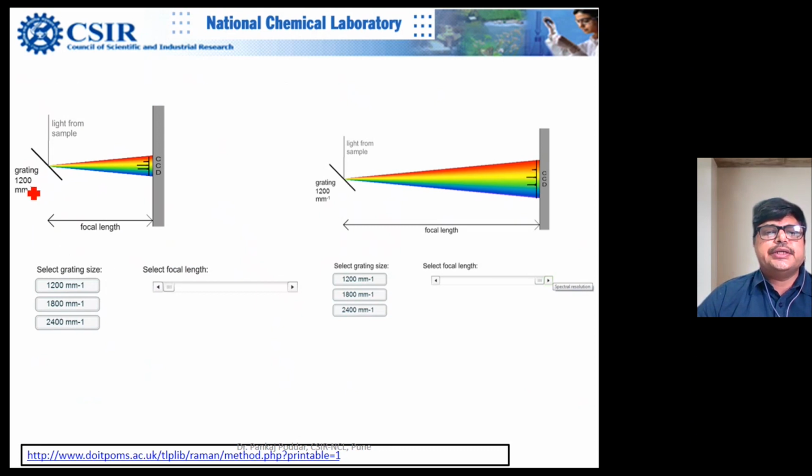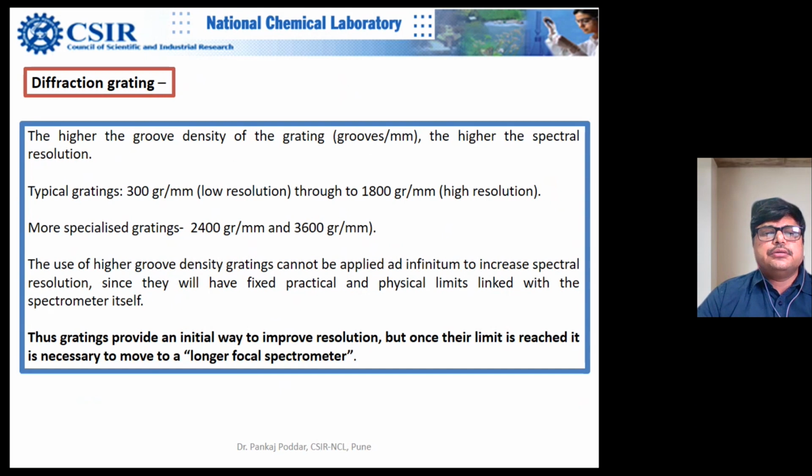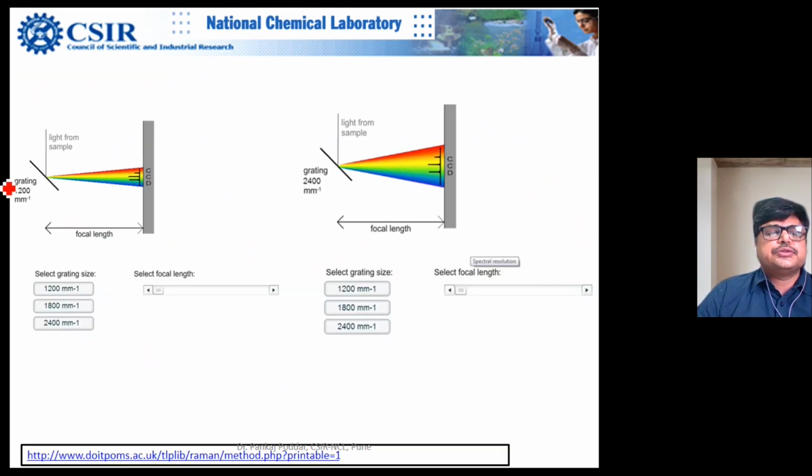So this is a grating, for example, 1200 lines per millimeter. If you increase the focal length here, you can see the dispersion has gone up, so obviously you can resolve them better. You can see the distance between peaks is much better. The second thing which decides the resolution is the grating type.